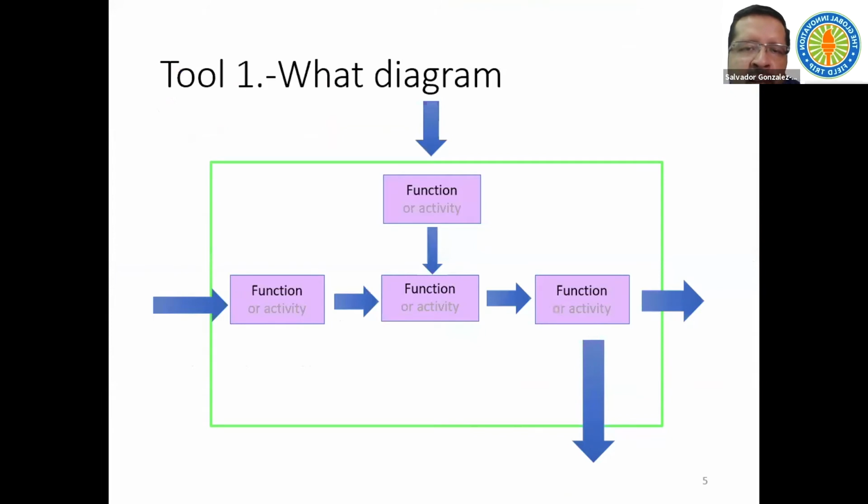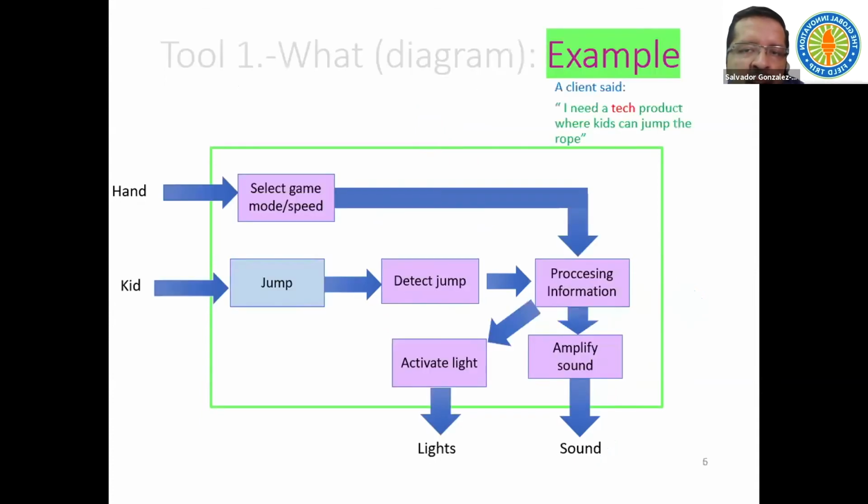Okay, let's begin with the first tool, the what diagram. Essentially, it consists of a diagram that has all the functions or activities that the product or the service will perform, with all the inputs and also the outputs. Let's put it into the context of our example. The user is a kid.